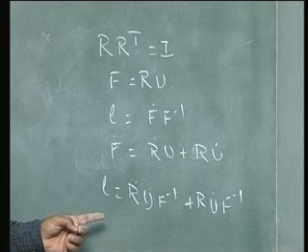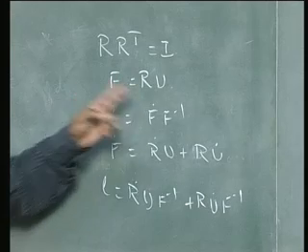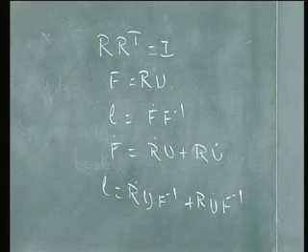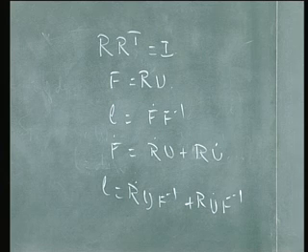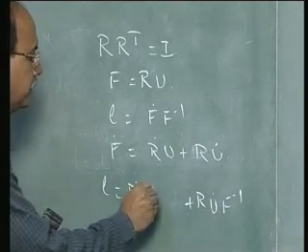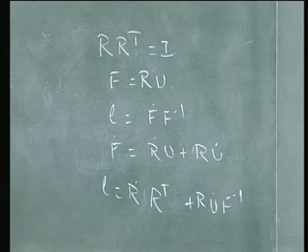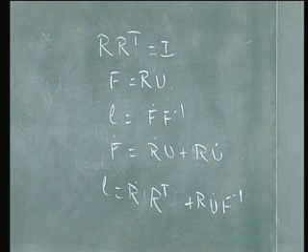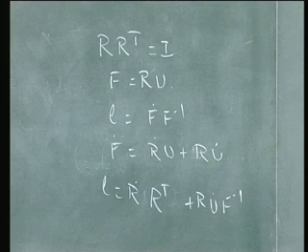We had F is equal to R U. So U F inverse can be replaced by R transpose, okay, R U dot F inverse.